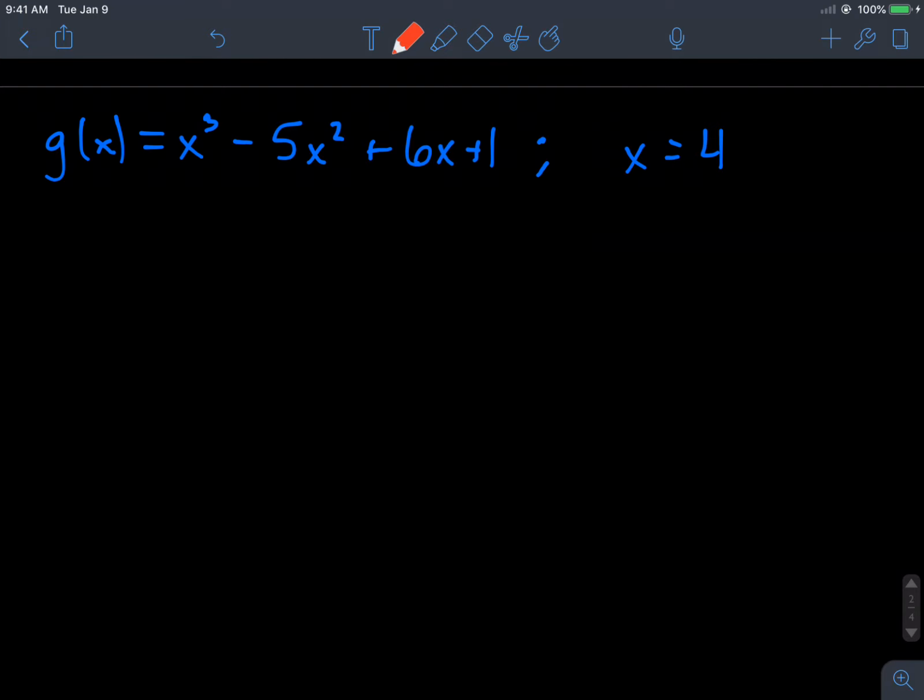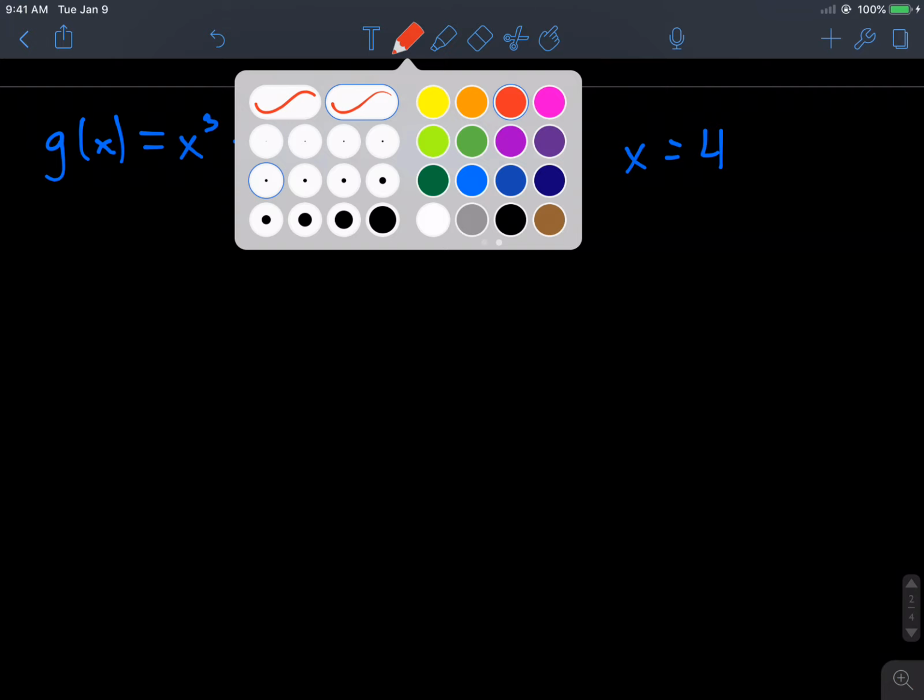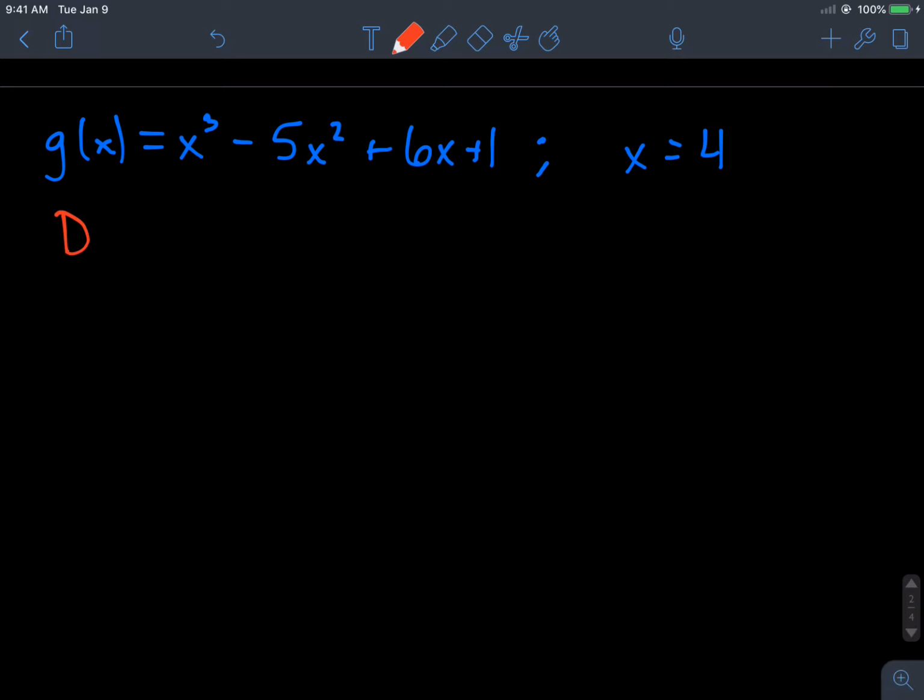And the constant is really x to the 0, because x to the 0 is 1, so we would just have 1 times whatever that constant is. So we do have whole number exponents, but we don't have to include that there. The degree, again, is our highest power, so this is a third degree polynomial, just like the one before.